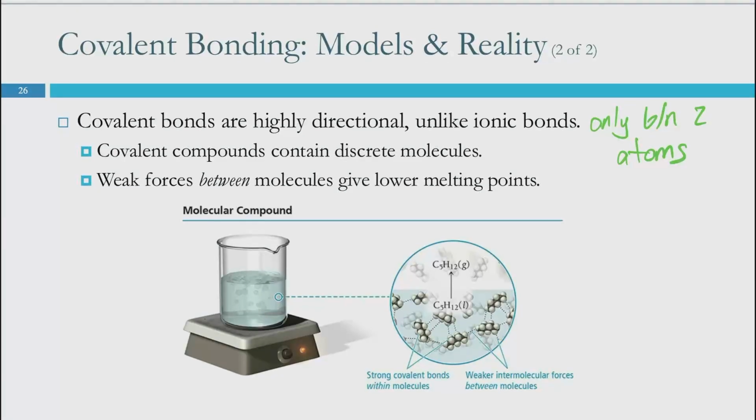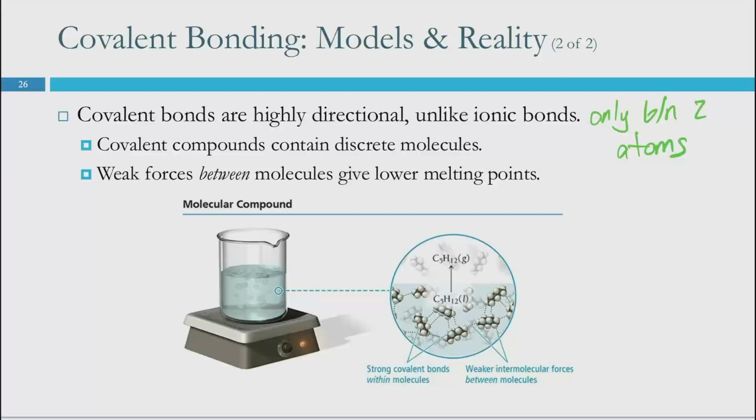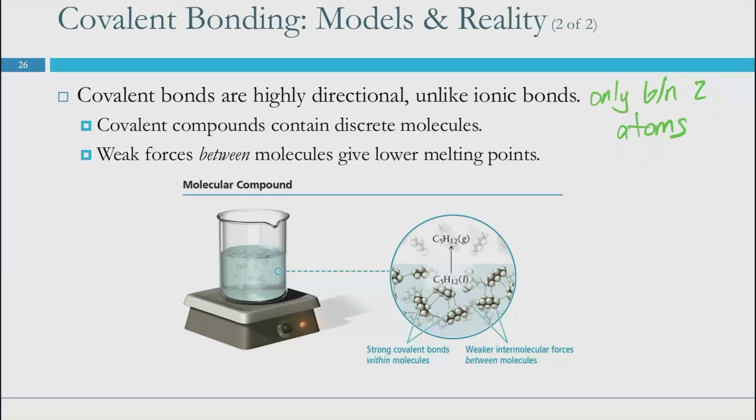So just as a reminder, we've got several types of bonds. One of them is covalent bonds. Covalent bonds are between two things, the co, like in cooperative. They're sharing their valence electrons. So covalent bonding is occurring only between two atoms. They're really strong, but they're super directional.